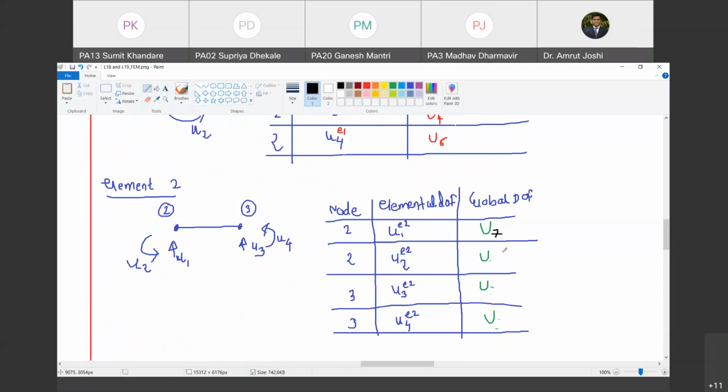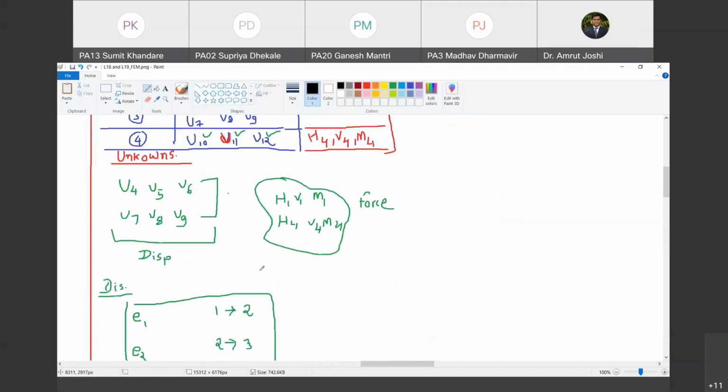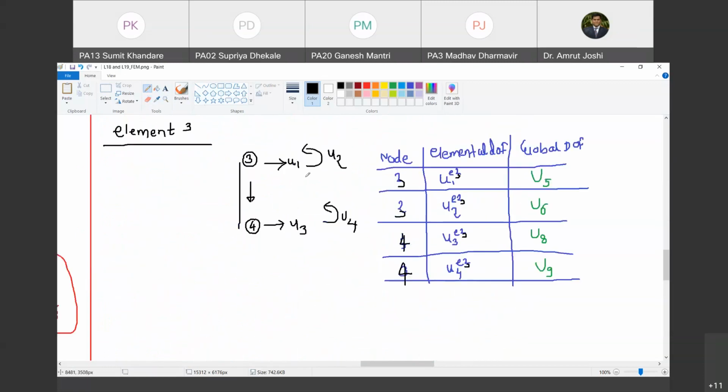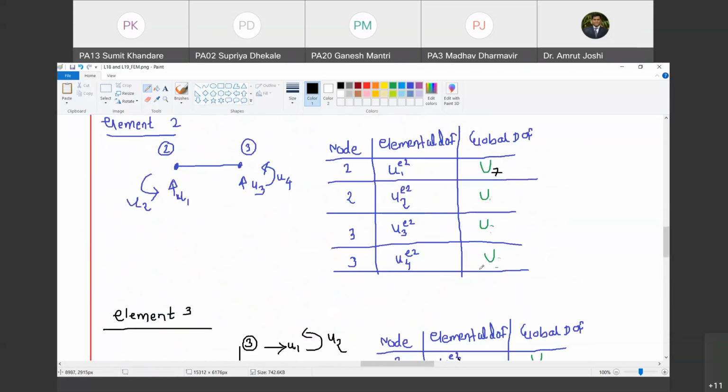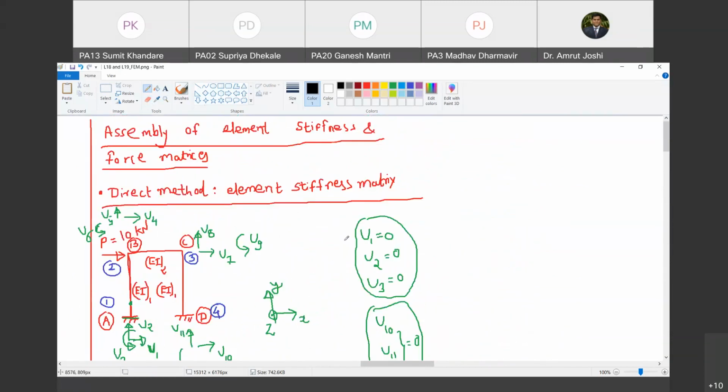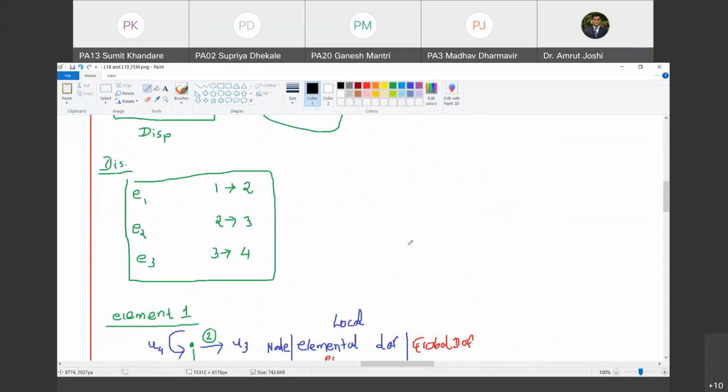Happy? U2 maps to which global degree of freedom? U9. U2 maps to U9. Happy? Then U3 maps to which global degree of freedom? U10.